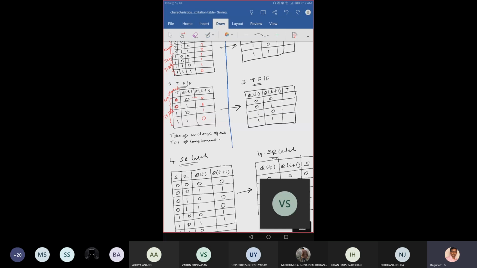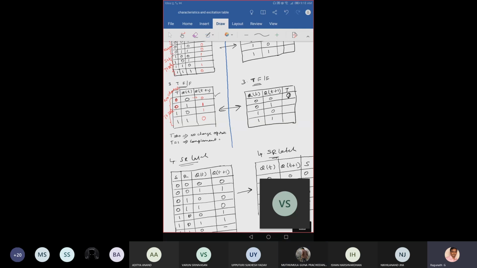Now can anyone tell me what value I have to write here? Is T 0 or T 1 for the first case, where Q of T and Q of T plus 1 are both 0 0? You refer to the characteristic table. Yes, you are correct, 0. Next line, Q of T is 0 and Q of T plus 1 is 1.